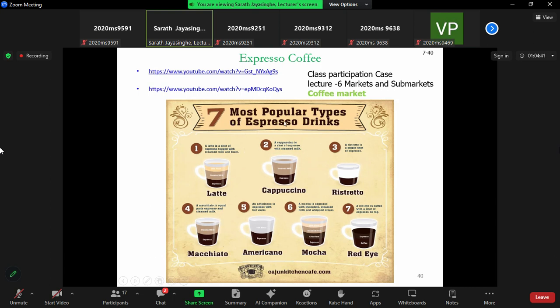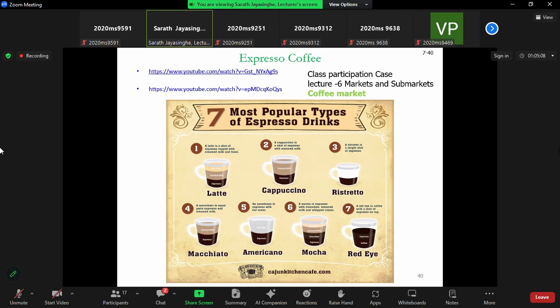For example, the 7 most popular types of espresso drinks, right? Espresso coffee, so there are latte, cappuccino, mocha. There are some popular types. When you are going to a coffee shop, you can purchase them. And this is how we are trying to understand coffee sub-markets and niche markets.